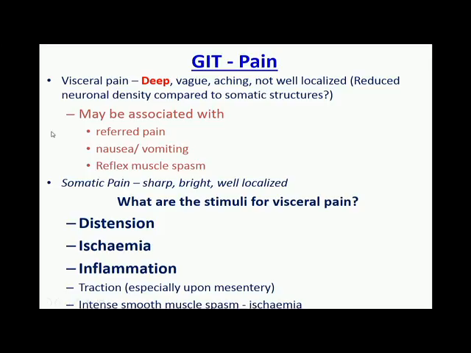So the GIT, or the visceral pain, is a deep-seated pain. And in relation to the gastrointestinal system, this deep visceral pain usually occurs in the midline. Usually, not always. It can occur on the right side, left side, anywhere. But usually it occurs deep in the midline.